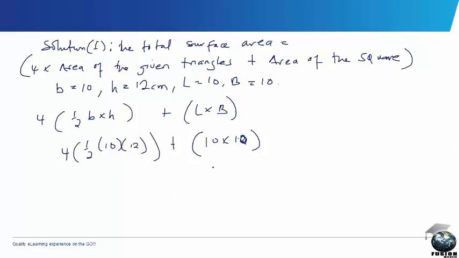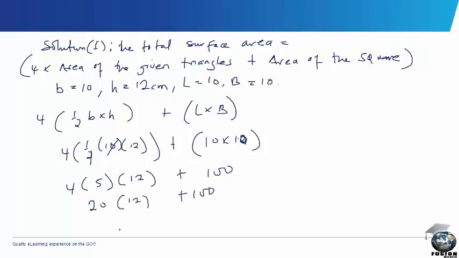A square has all sides equal, and so you have 4 times 5 times 12 plus 100. This gives us 20 times 12 plus 100. Here you have 240 plus 100, which is equal to 340 centimeters squared, the total surface area of the pyramid.